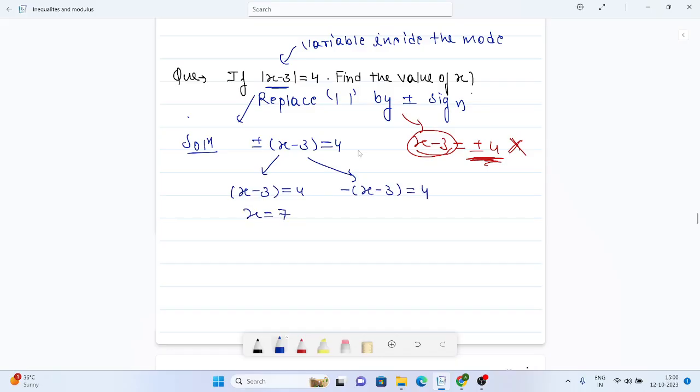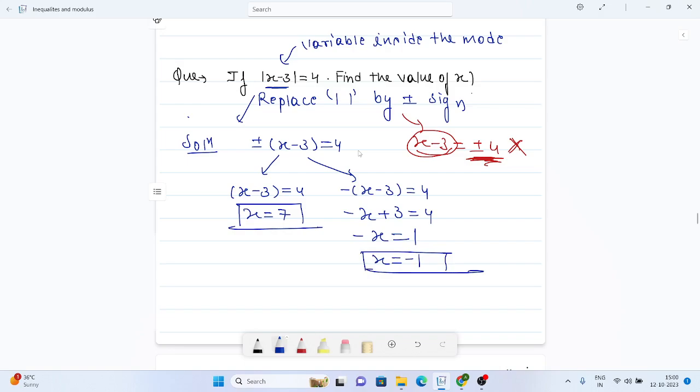So here I got x equal to 7, right? And if I solve this, I get minus x plus 3 equal to 4, which is minus x equal to 1. So here I get x equal to minus 1. So I got two values of x, one is 7 and another is minus 1. So remember this, don't make this mistake.